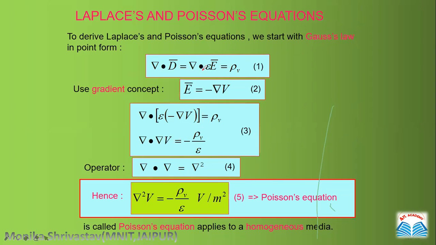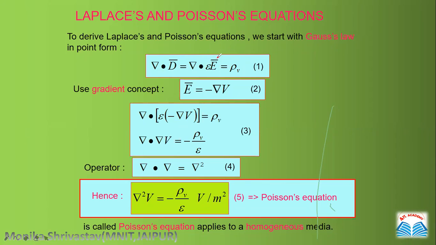What is this epsilon? Epsilon is the permittivity of that medium. Okay, so we are using that gradient concept of electric field. This equation also we have discussed in our lecture number 1. So E was equal to minus del V, and what we have to do is put the value of E in this one.